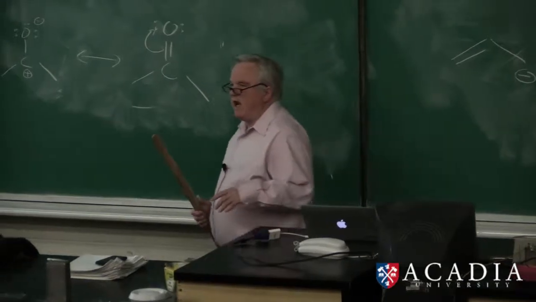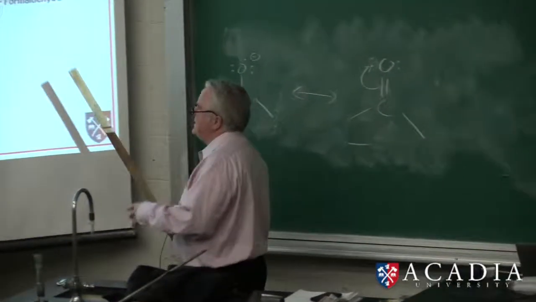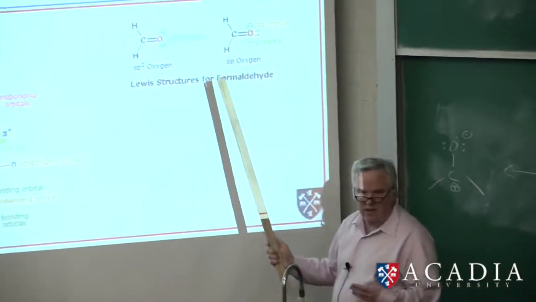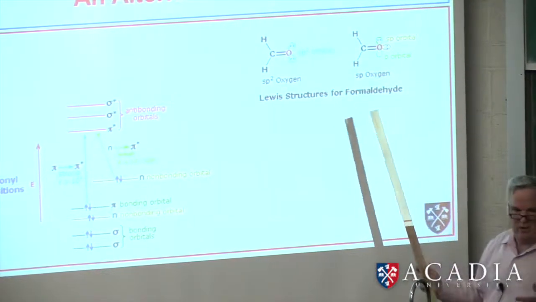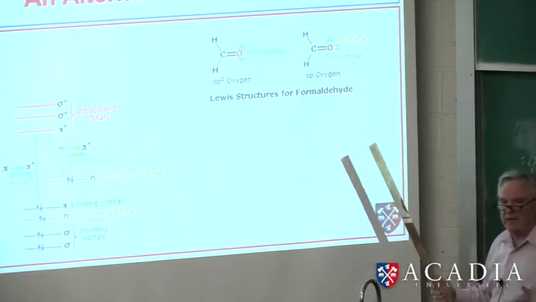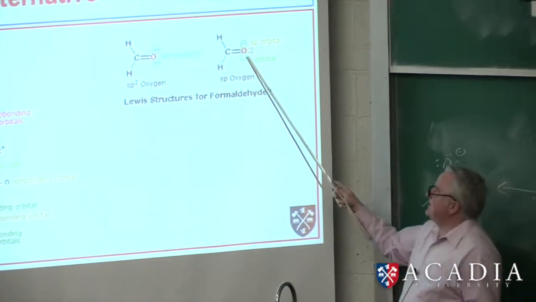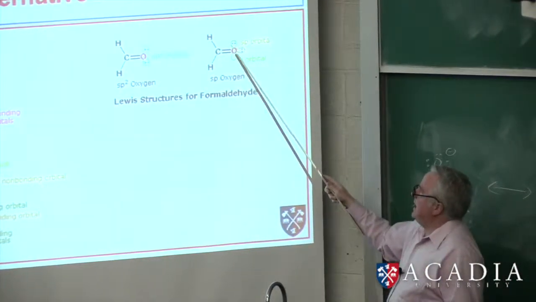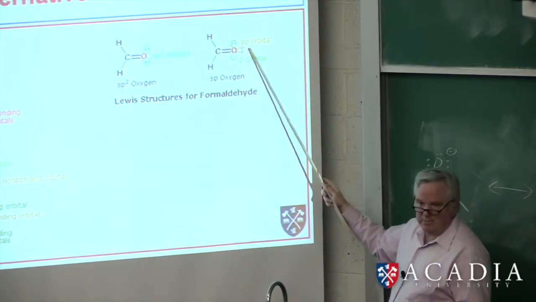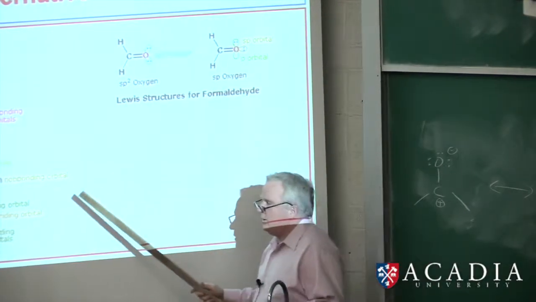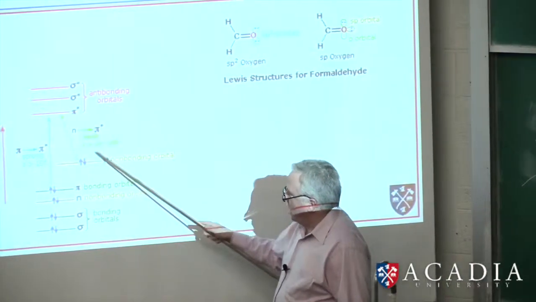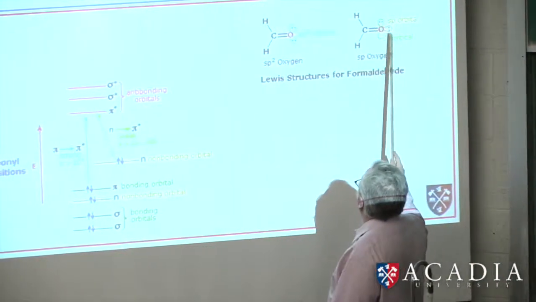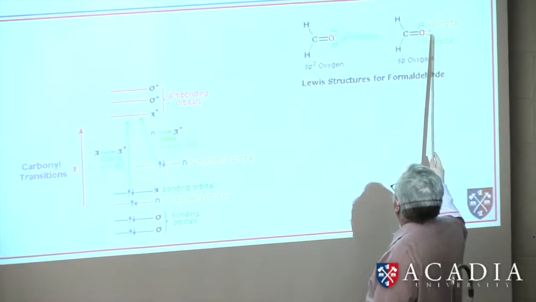In reality, we kind of lie to you. When we make these little bunny ears on oxygen for carbonyls, we're indicating that those two orbitals are equal in energy. In actual fact, they're not. We really have something that looks more like a p orbital and another orbital that looks like an sp orbital. And the real energy levels of these n systems, we have one, the non-bonding, which would be this one.